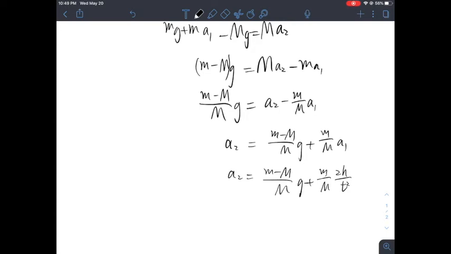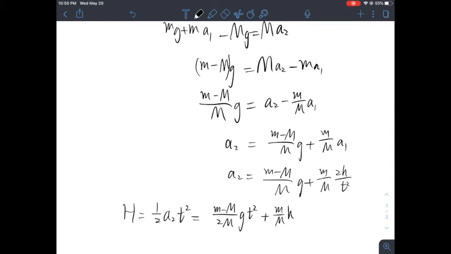So now we are solving for the distance the second person traveled and its distance from the pulley. We can lay out the kinematic formula: 1/2 a2 t squared will be equal to, let's just plug in a2, we have this expression here. Just plug the a2 into the big H equation.